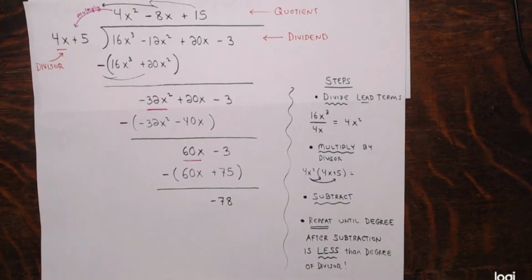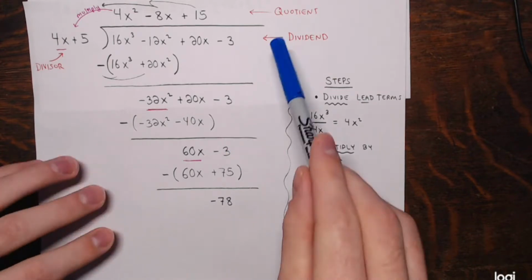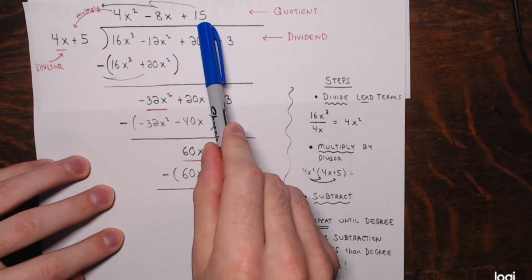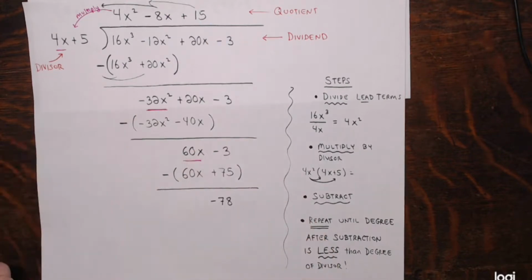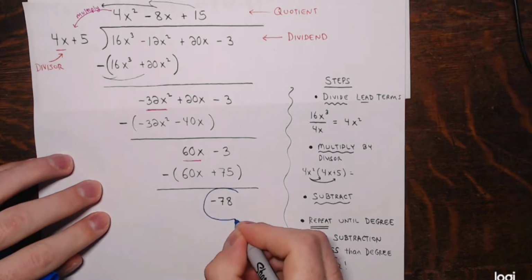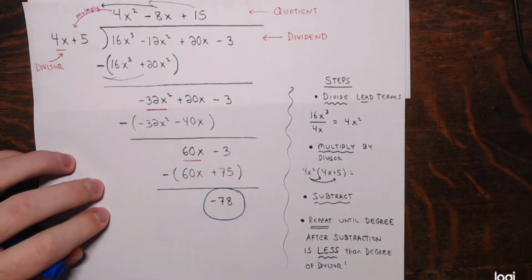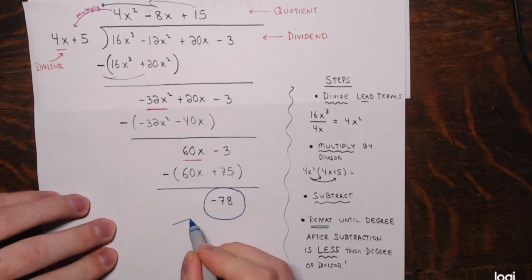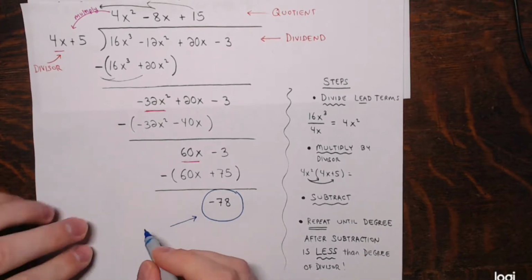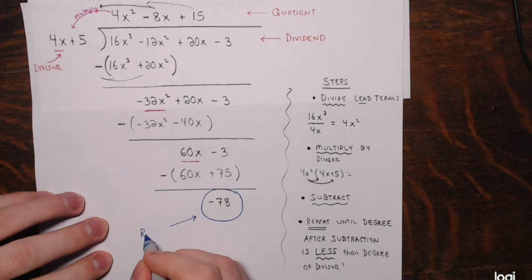Alright, so the quotient was 4x squared minus 8x plus 15. And then this result after subtraction, when the degree is less than the degree of the divisor, when you finish the division process, this negative 78 would be called the remainder.